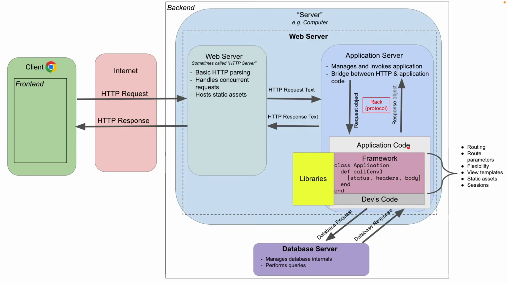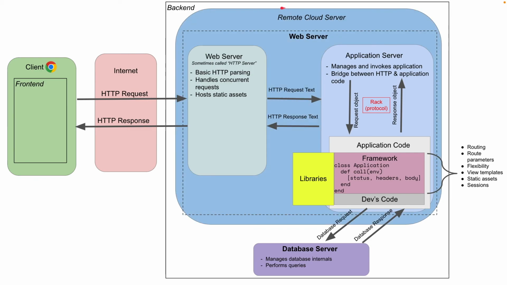Finally, we probably don't want to have to run our web server, application server, and database server all on our local machine. It would be much better if there were more powerful computers to do this for us. So let's deploy our application, outsourcing our application code and all its configurations to a remote server.